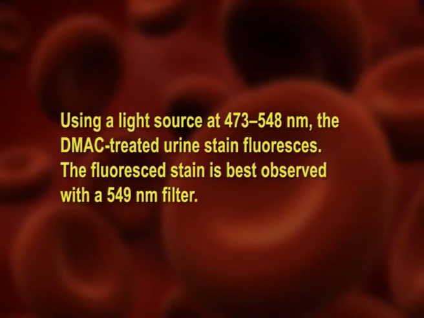The evidence and the filter are then wrapped together in a sheet of aluminum foil and are left overnight in a press. Using a light source at 473 to 548 nanometers, the DMAC treated urine stain fluoresces. The fluoresced stain is best observed with a 549 nanometer filter.